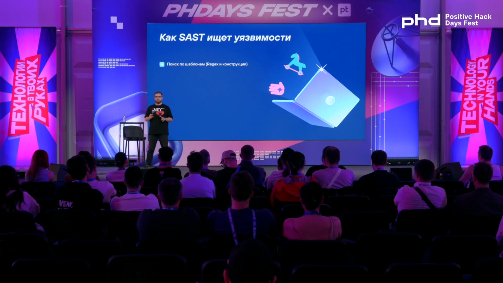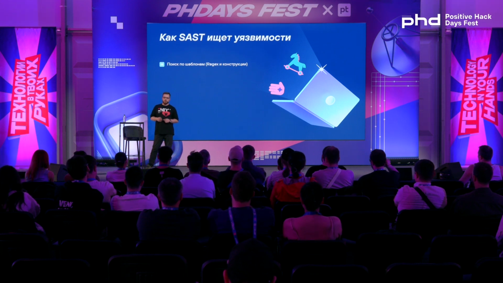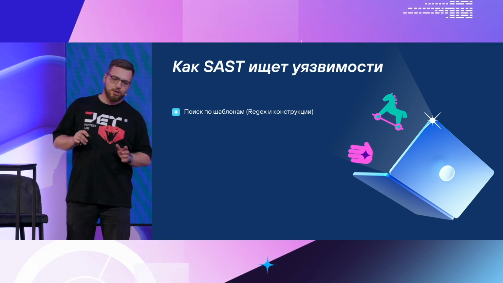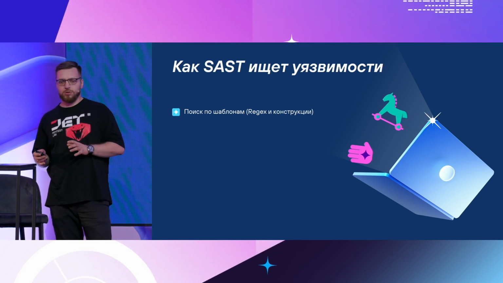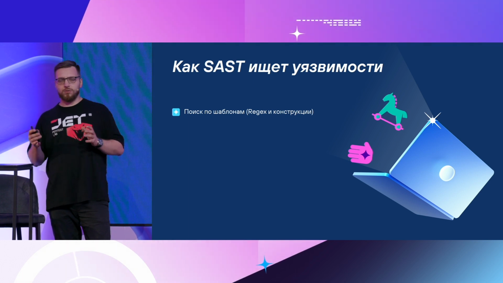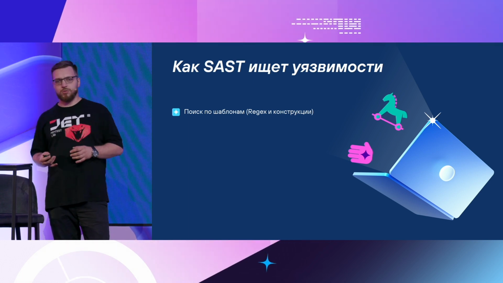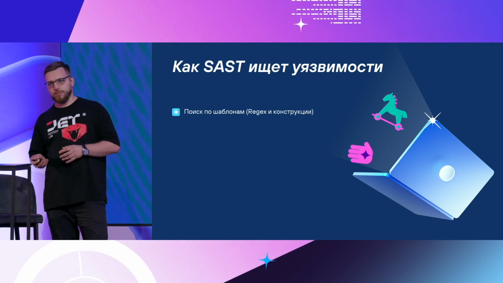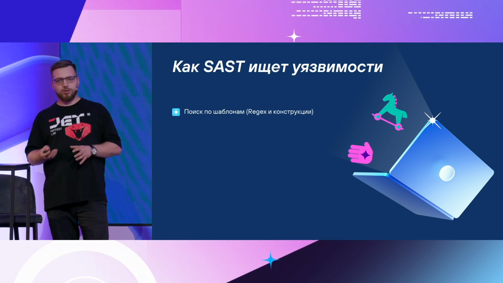Then, how can SAST look for vulnerabilities? First, templates or signatures. Semgrep is a classical example of the tool of signature search. It has certain rules and constructs, and it looks through the code and analyzes it.